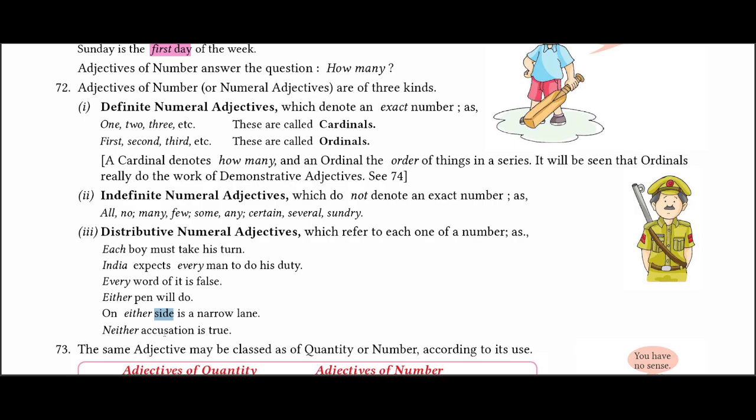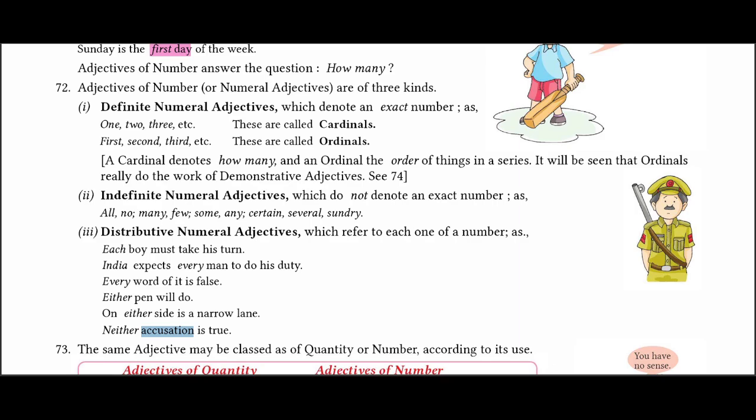Neither accusation is true. Accusation, although it appears to be in singular number, is not one accusation. These are two accusations which are being talked about, and neither refers to both of them. Neither modifies both of the accusations.